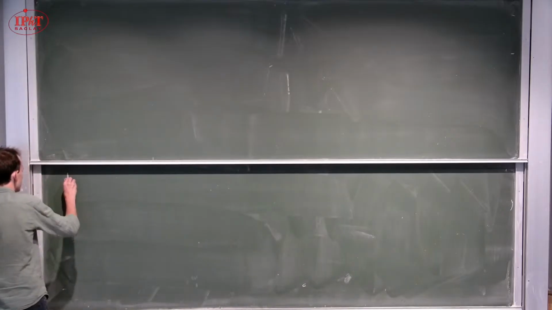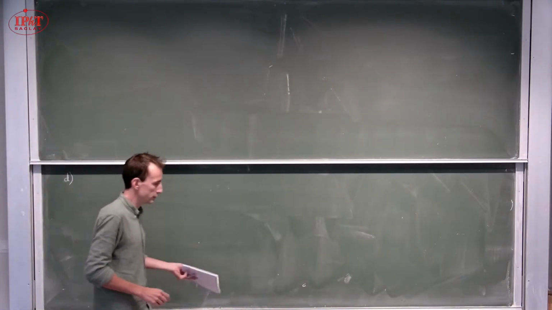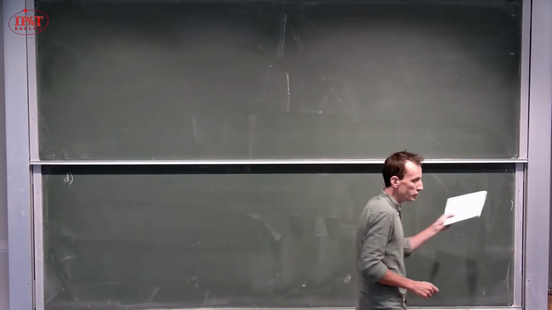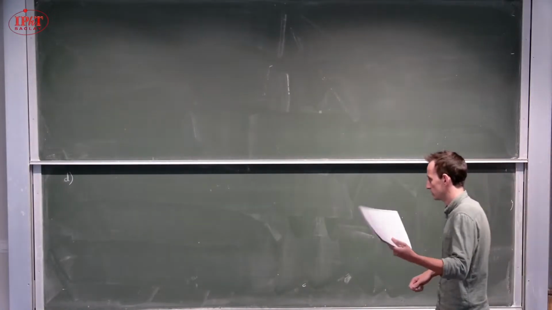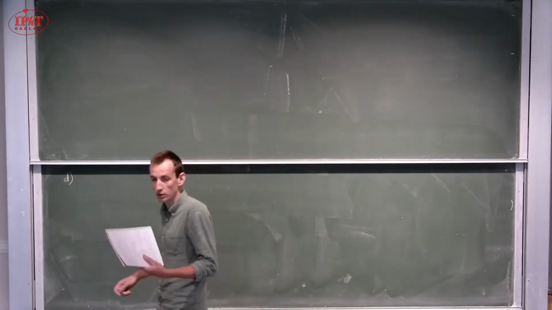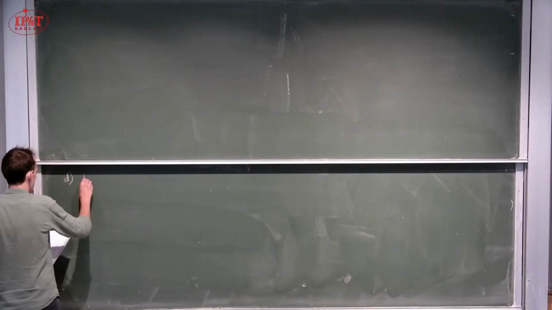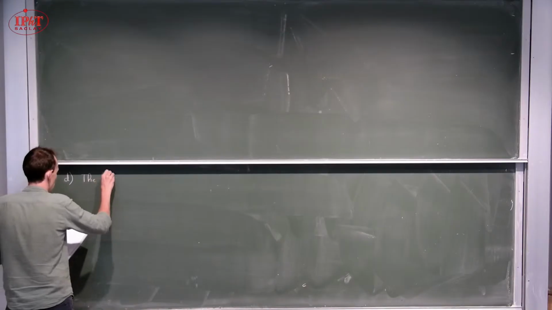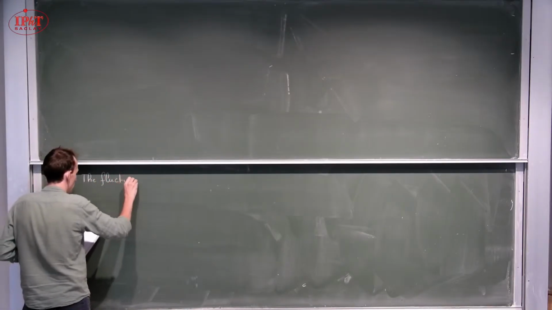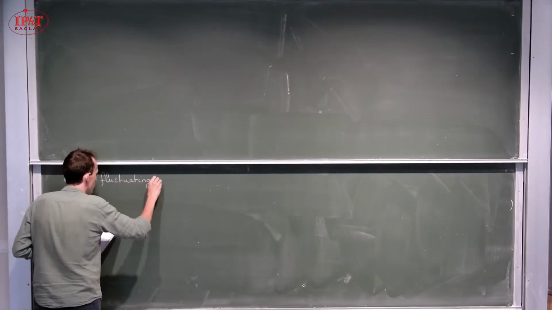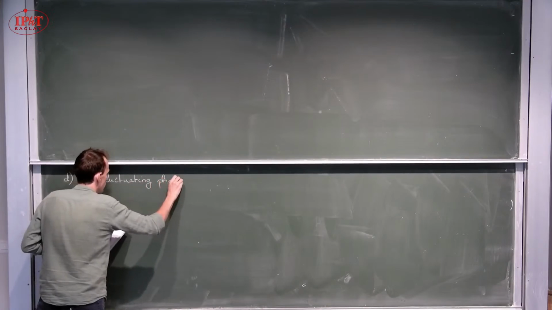Okay, so now I wanted to discuss what happens in this system when you go past the transition, which is something that May's argument that we were discussing earlier does not tell you. What happens in the fluctuating phase?